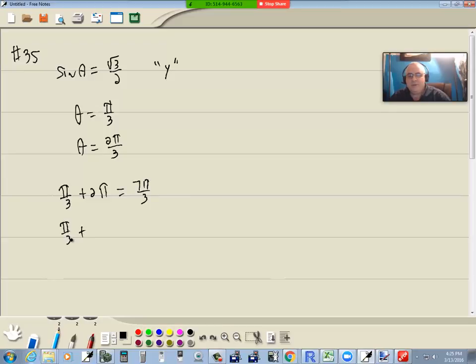Pi over 3 plus 4 pi. Because 2 pi goes all the way around your unit circle. Well, we could also do a minus 2 pi. How you can specify this is there's different ways, but you can do a plus 2k pi, where k is an integer.